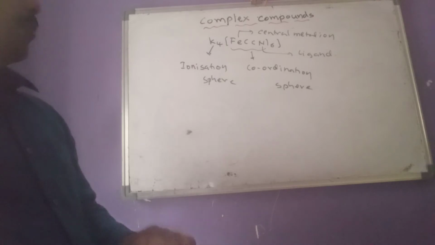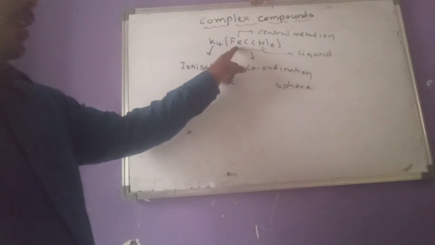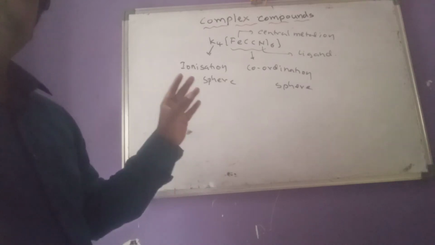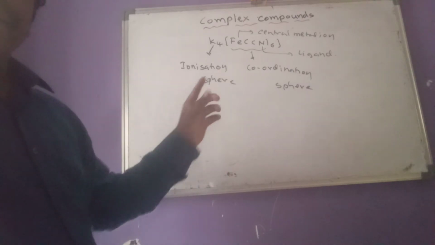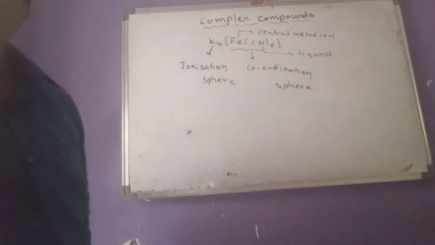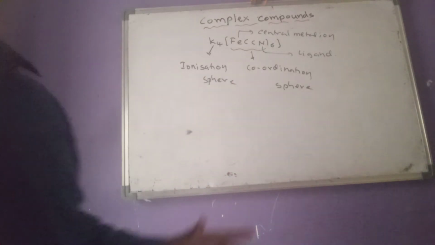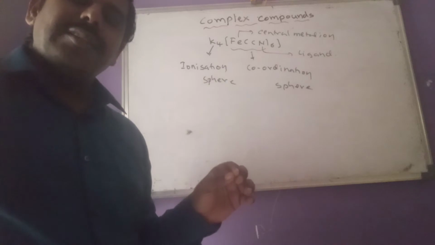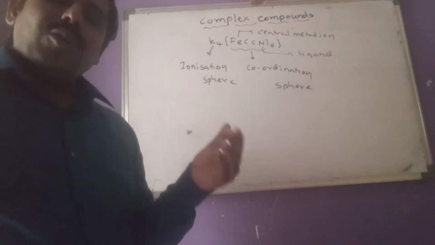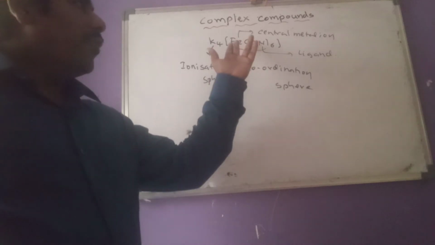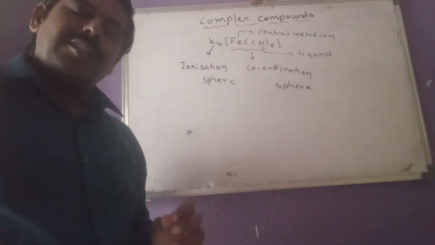Now one more important thing here, iron belongs to the transition family, that is a transition metal. Especially transition metals only form complex compounds. What are the reasons for the formation of complex compounds moreover by the transition metals?